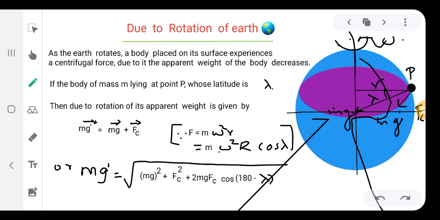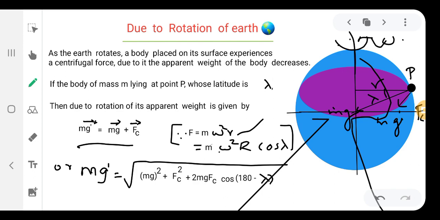If a body of mass m is lying at a point P whose latitude is lambda, then due to the rotation its apparent weight is given by m g dash equals mg plus Fc, where F equals m omega square r, and r is given by R cos lambda.